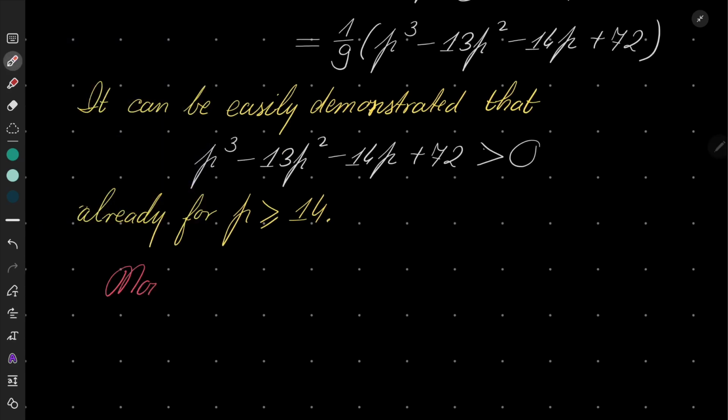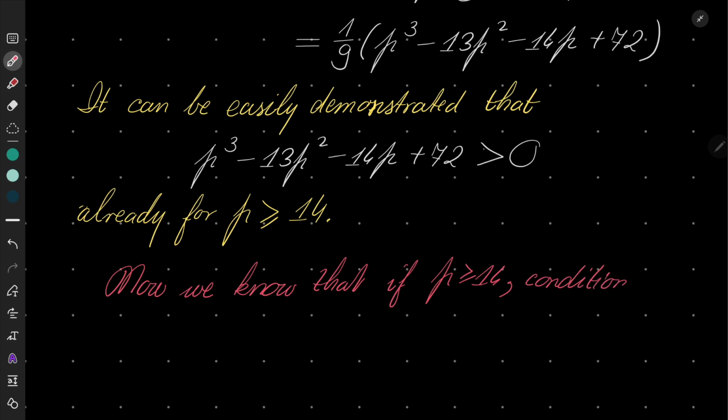Now we know that if p is greater than or equal to 14, the condition which I marked with double asterisk cannot be satisfied, which means that for p greater than or equal to 14, it's not possible to get a square, in other words. So what we have to do now is to check everything else.